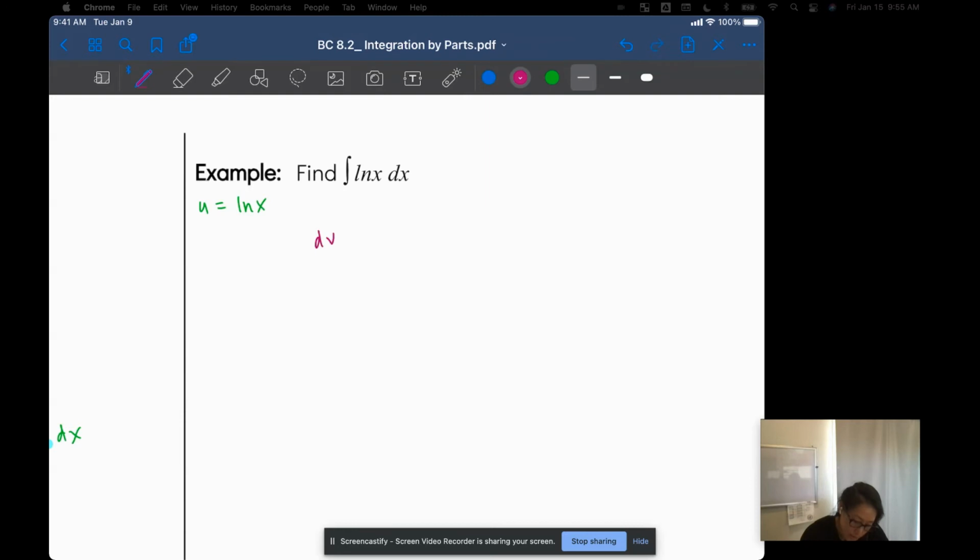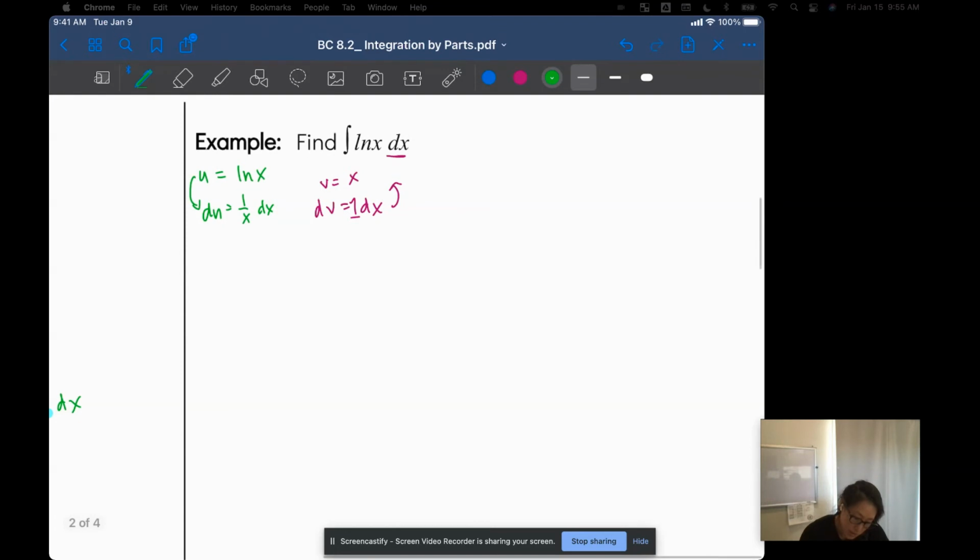And for dv, I only have the dx left, so I'll just make that equal to dx. So this is basically 1 dx, right, times 1. So take the antiderivative of 1, I get x, and I'm going to take the derivative of u, giving me 1 over x dx. Let's go ahead and set this up.